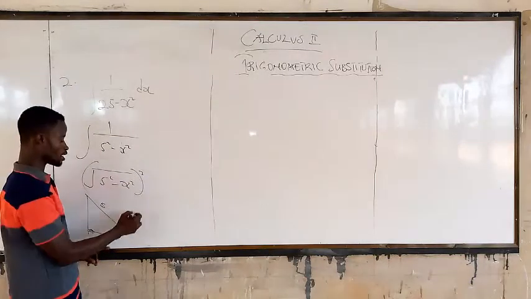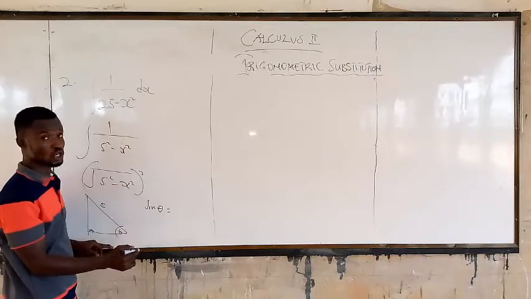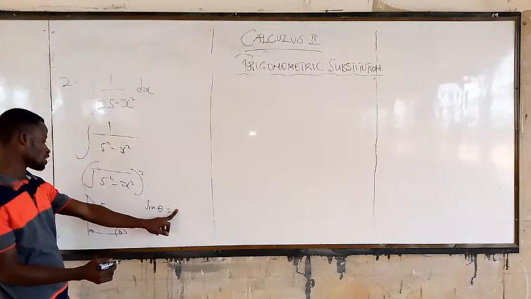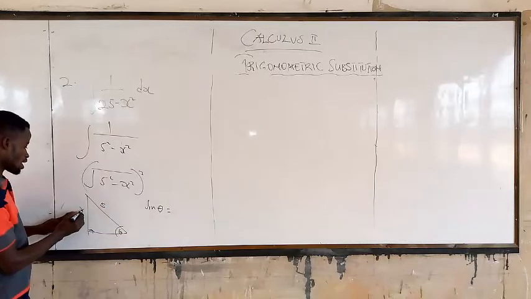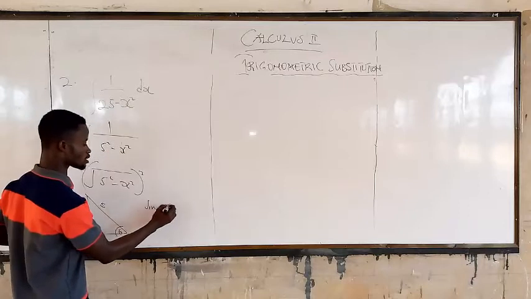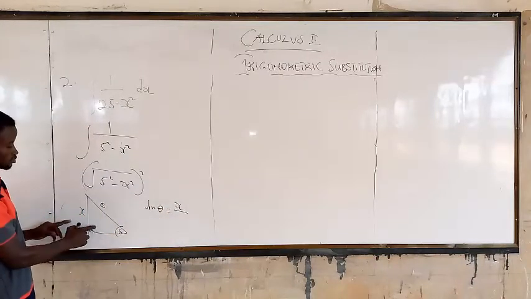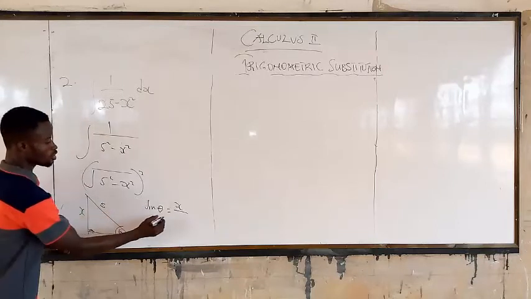So let's try. We can see that sine theta is opposite over the hypotenuse. So the opposite should be a variable, x. So the opposite is x over the hypotenuse, which here will be the 5.